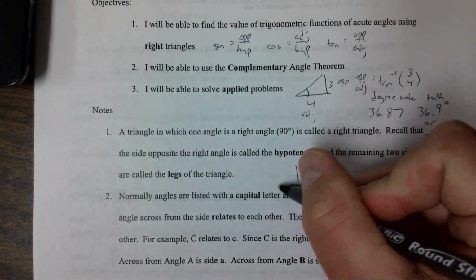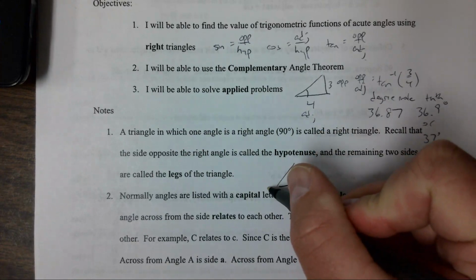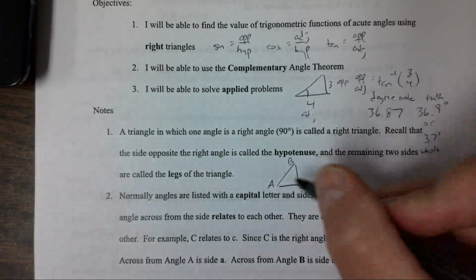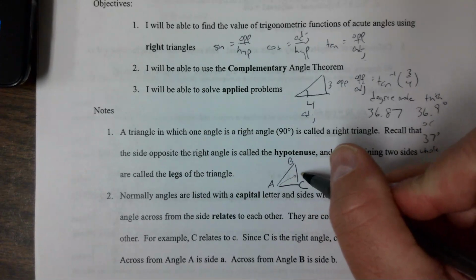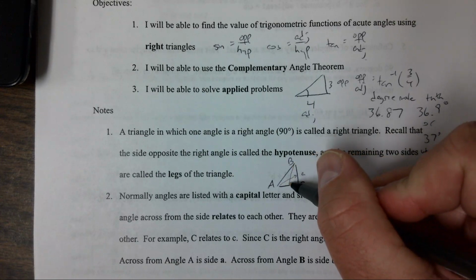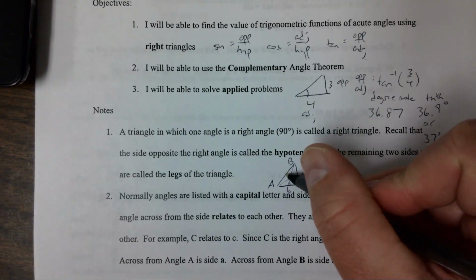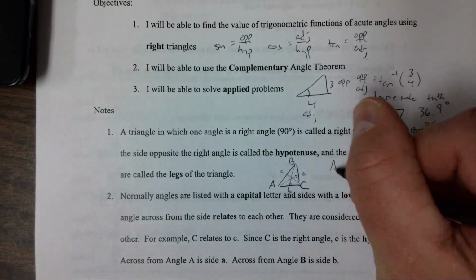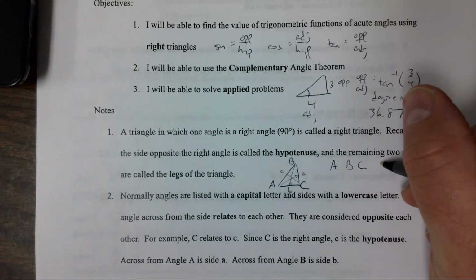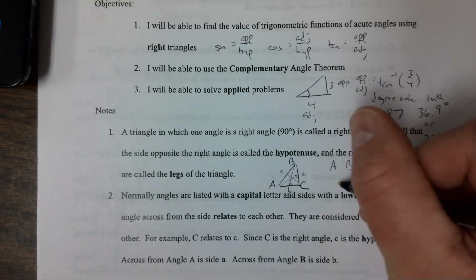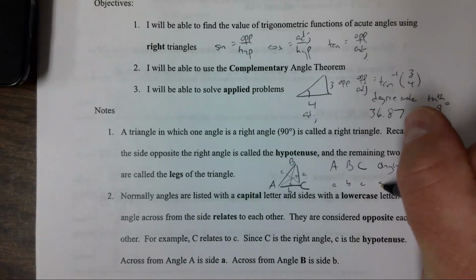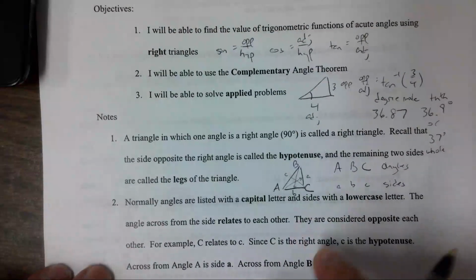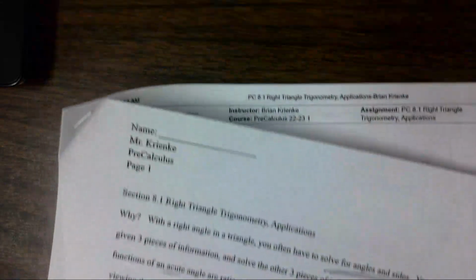So say you have this triangle A, B, C, then this one would be little a, this one little b, and this one little c. So A, B, and C are angles, and little a, little b, little c are sides. So there's your description of it.